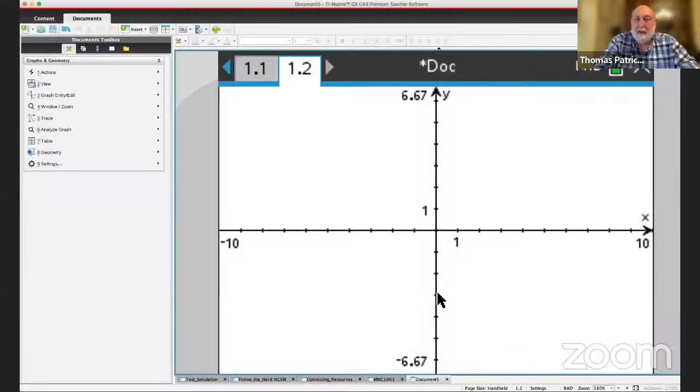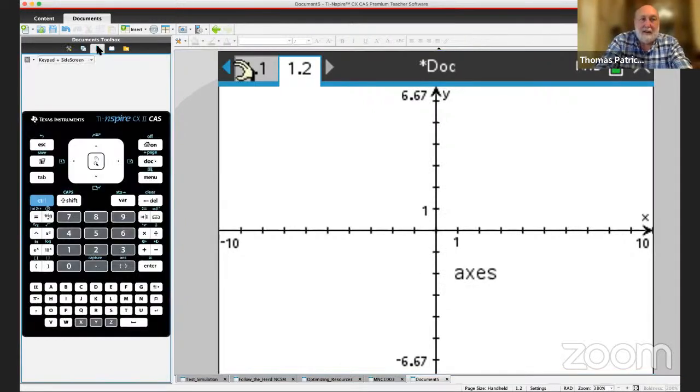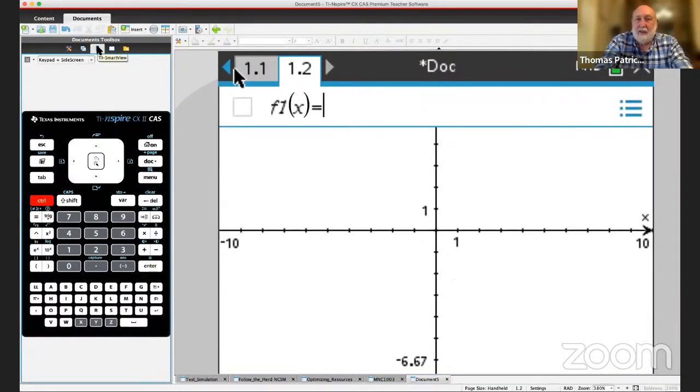I'm going to share a couple of different calculator screens, and let me start out with the TI-Nspire screen here. Let's go ahead and get to our graphing.